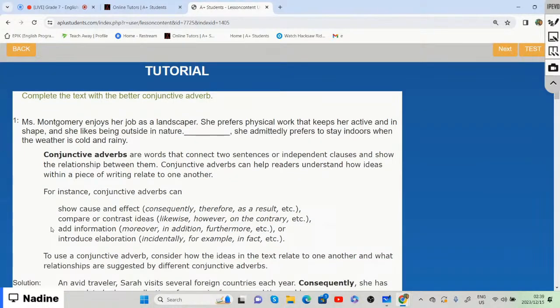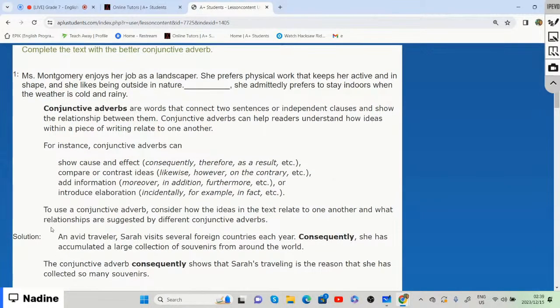So conjunctive adverbs are words that connect either two sentences or independent clauses and show the relationship between them. So conjunctive adverbs can help readers understand how ideas within a piece of writing can relate to one another.